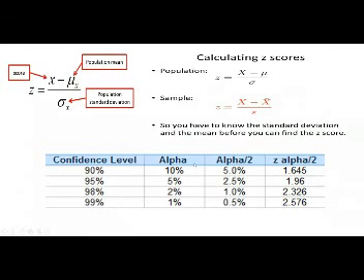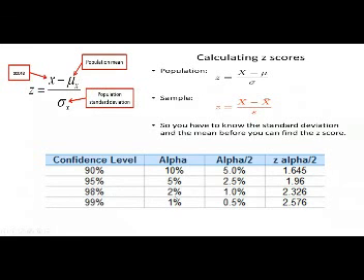Now, what is the alpha area for 95% confidence, 90% confidence level? The alpha area in one tail hypothesis is 10% or 0.1, and in two tail hypothesis it is 5% or 0.05 on both sides. For 95% confidence, the alpha area is 5% or 0.05, and for two tail hypothesis is 2.5% or 0.025 on both sides.